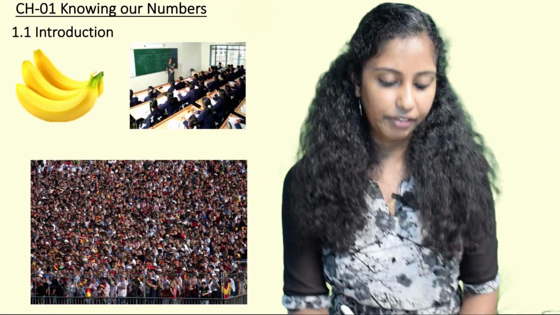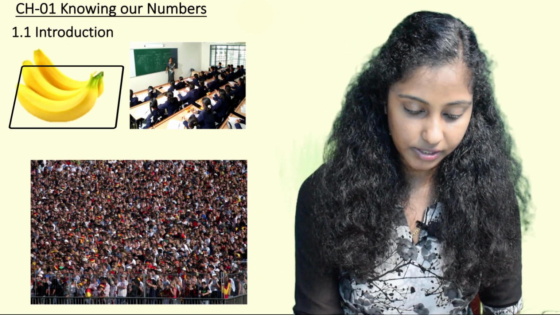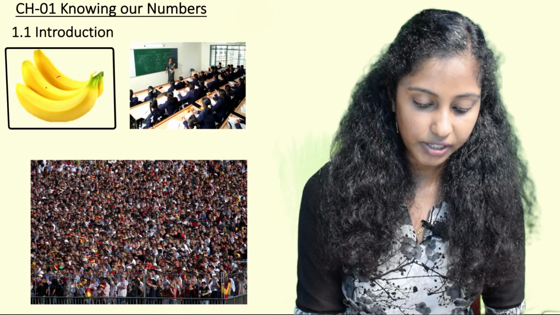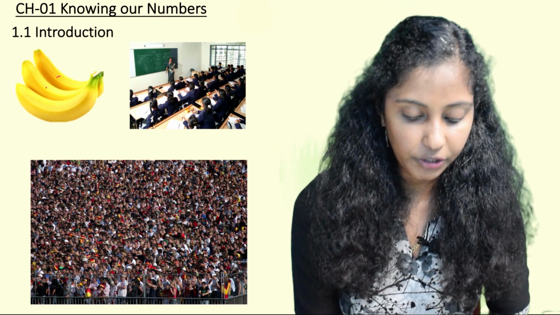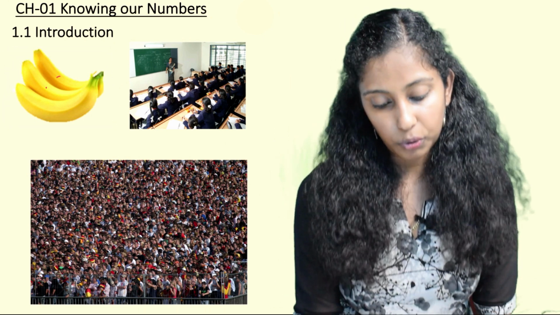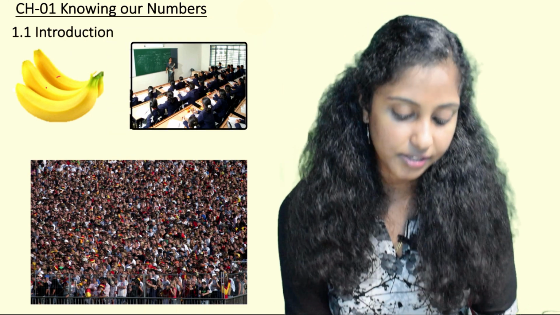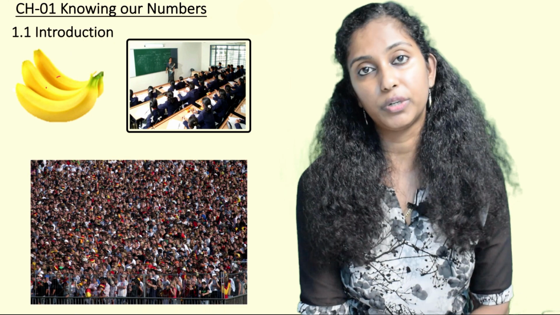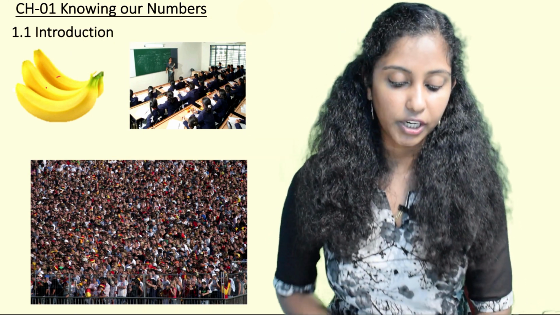Now you can see there are certain pictures. In the first picture you can see that there are 3 bananas. So again to count you will be using numbers. Then you will see a classroom of students where there is a teacher and there are many other students. To count these students we will be using numbers.